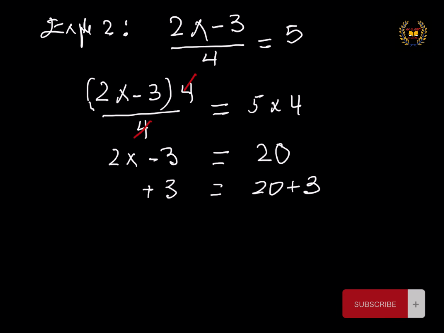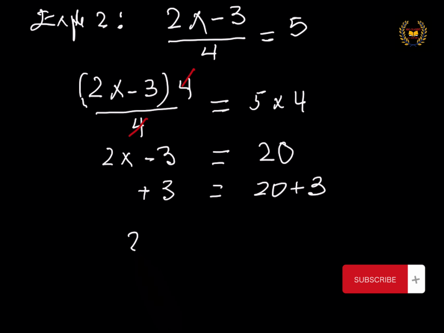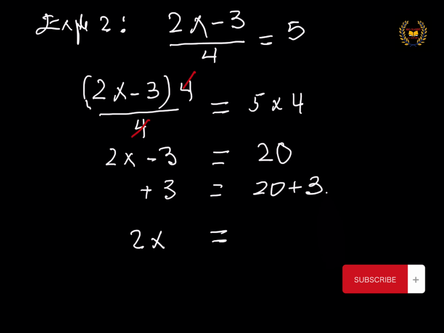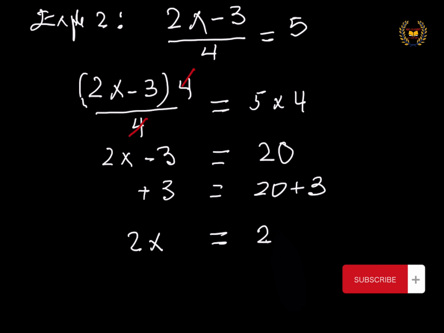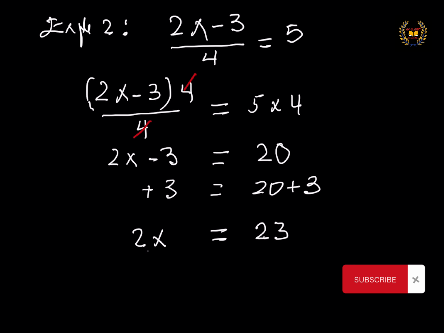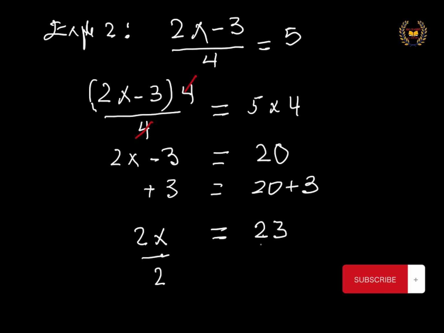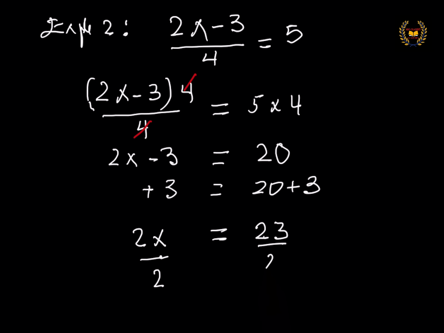So this one will cancel. We will have 2x equals 20 plus 3, which is 23. So we will divide both terms by 2, and this one by 2.